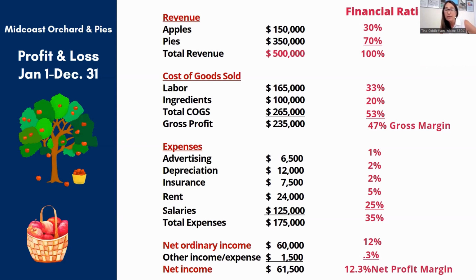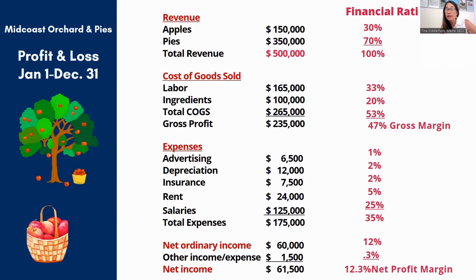We take each of these numbers and we divide them by the revenue number so that we can understand for every dollar how much we're paying for each of these costs. Our total costs are 35% of our revenue going to operating costs. And that means 35 cents on every dollar is going out the door for the rest of these costs.